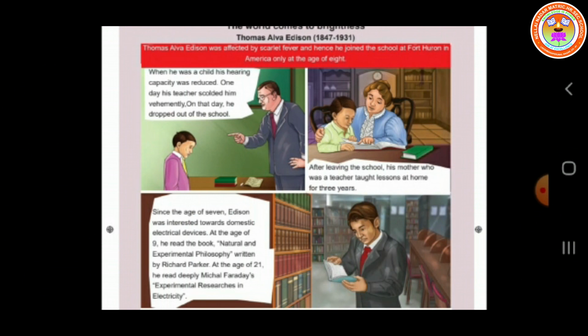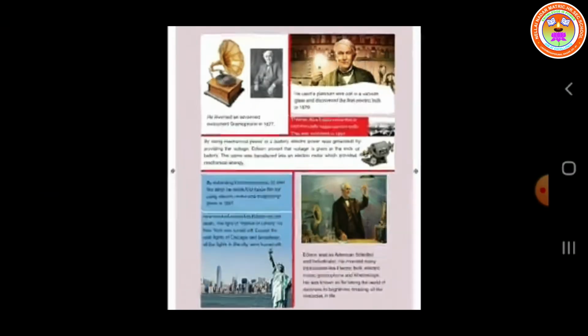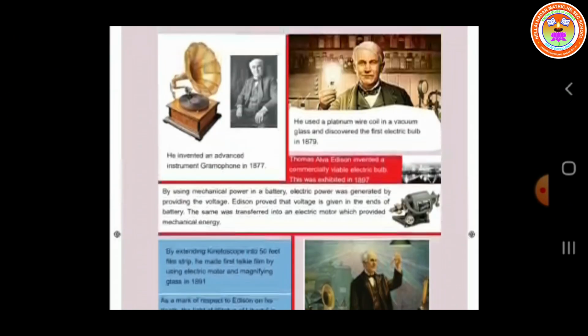Edison worked as a telegraph operator in a railway station. He was a dynamic telegraph operator. His first invention was the electrical telegraph and its related instruments. He invented an advanced instrument, the gramophone.